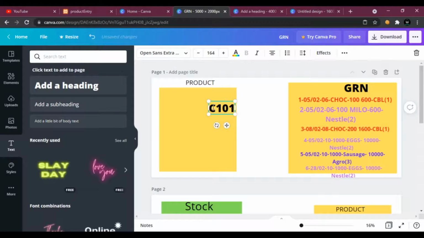So the product code is 01, and this is the first product that we're going to store in the product table, so the product ID will be 1, and the product name we have to mention like this: CBL chalk.